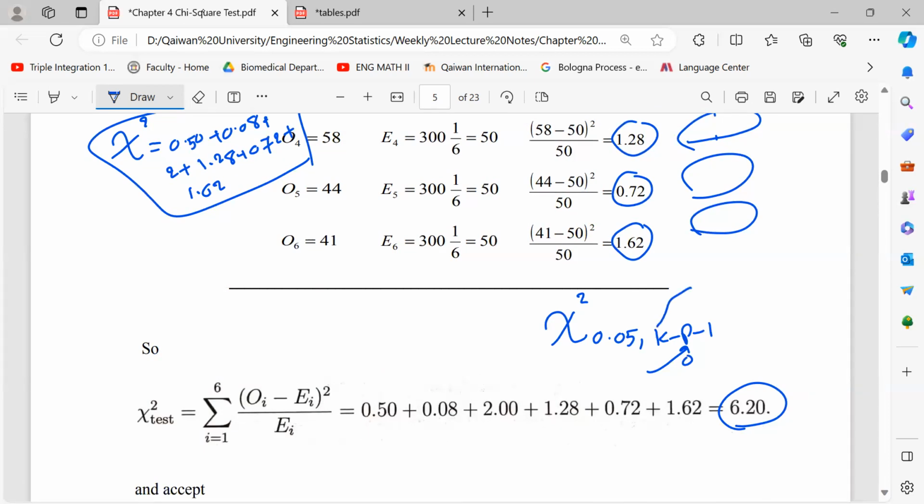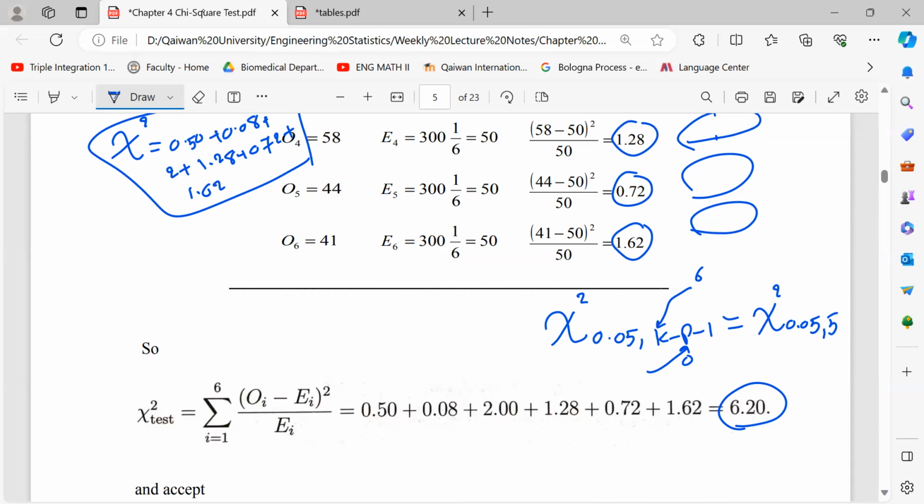What's k? K is the number of different outcomes. It's the total number of outcomes. How many outcomes do you get in tossing a dice? 6. So this is 6. Minus 1 is 5. So it is chi-square of 0.05 and 5.